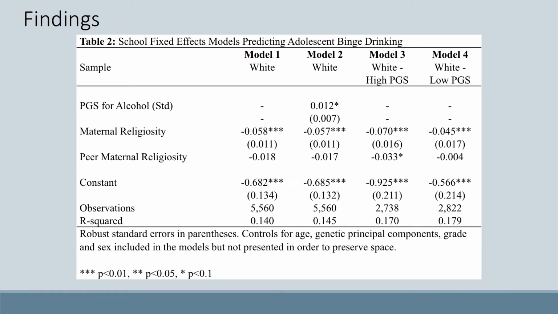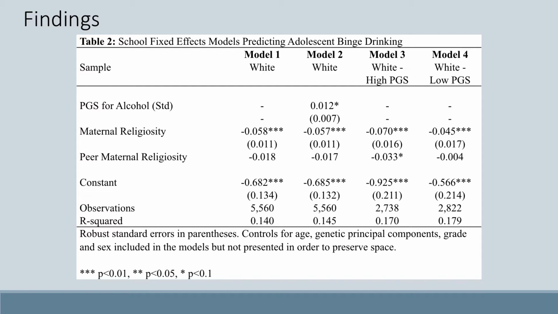And just a real small snapshot of our findings. These are school fixed effects looking at adolescent binge drinking. And so we can see that our PGS for alcohol significantly predicts binge drinking, and maternal religiosity appears to be significantly and quite powerfully preventative of binge drinking.